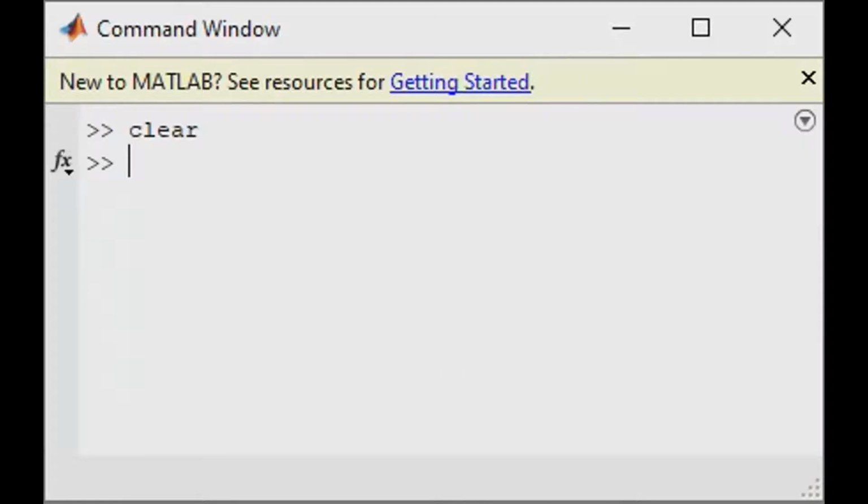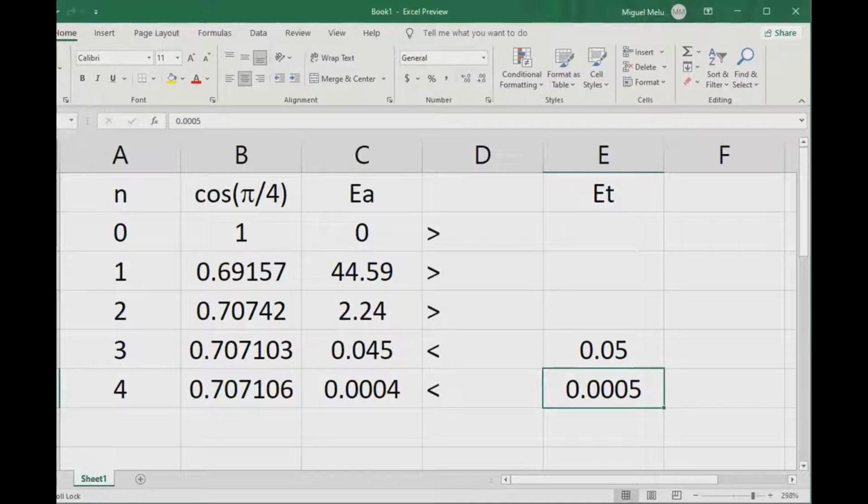The formula for it will be 0.5 times 10 to the power of, open parenthesis, 2 minus n, close parenthesis, where n is the number of significant figures in this case.